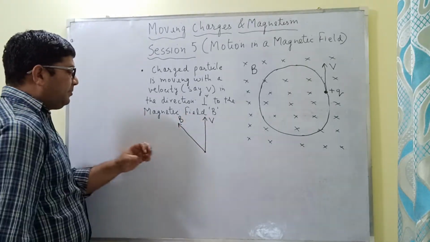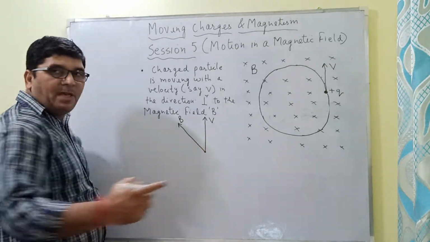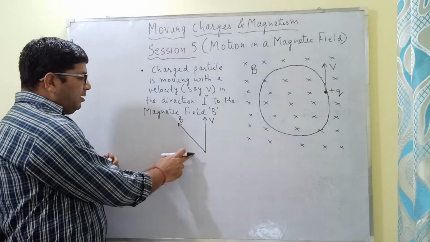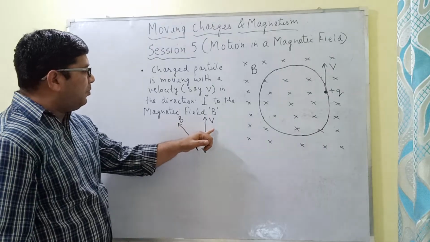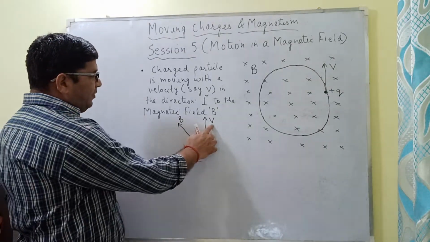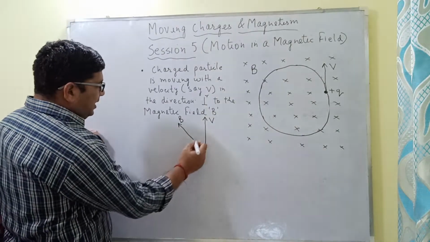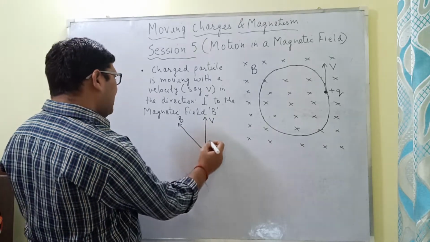So what will happen? The magnetic force will be acting in the direction which is perpendicular to both these two vectors, that is the velocity vector v and the magnetic field.